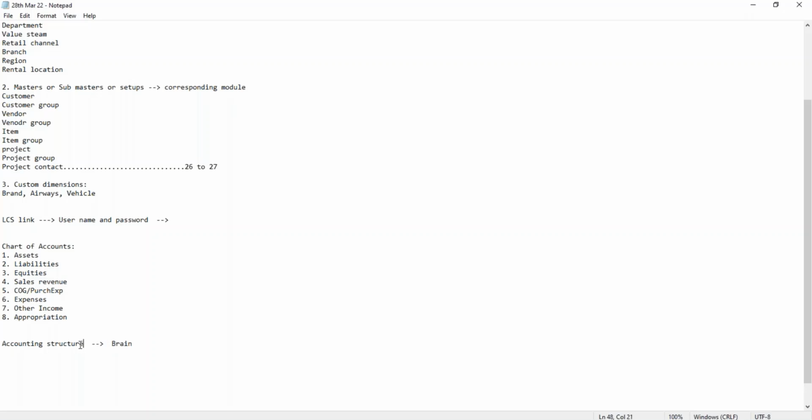In the same manner, the accounting structure is also most important. Accounting structure or configure account structure, both are the same.